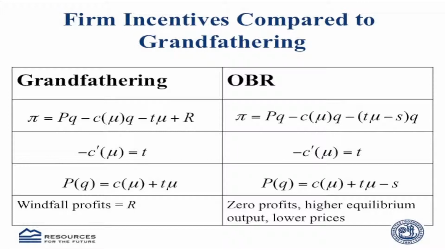Okay, so this would be the price and output with grandfathering, and this would be your profits. So then this, with output-based rebating, that's going to be the price, and this is the effective supply curve, and this is going to be your profits.